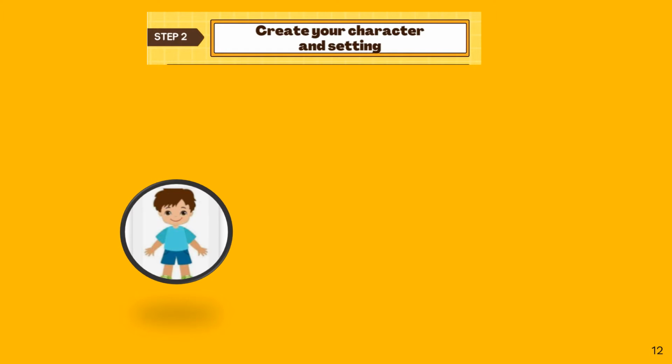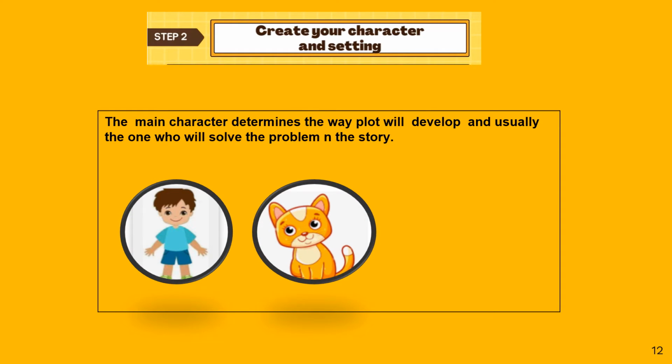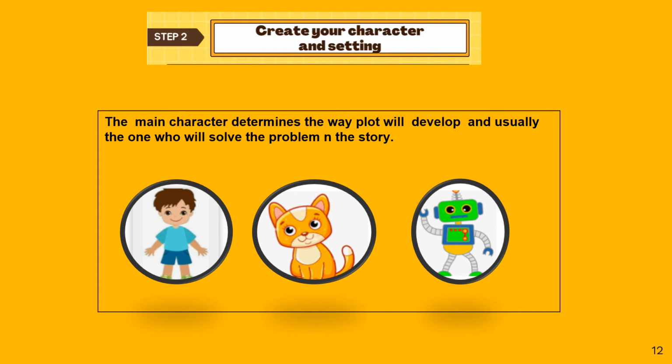Every story has a character. A character can be a child, an animal, or a robot. The main character determines the way the plot will develop and is usually the one who will solve the problem in the story.